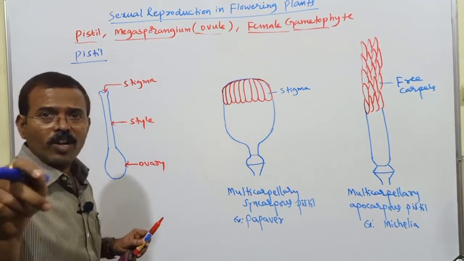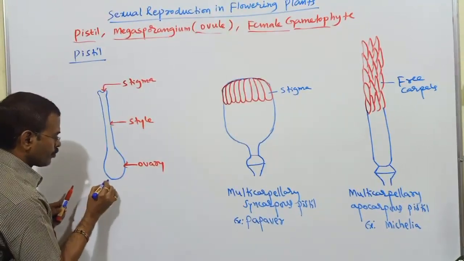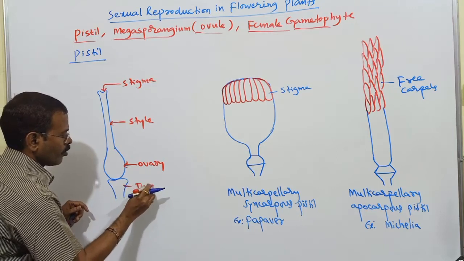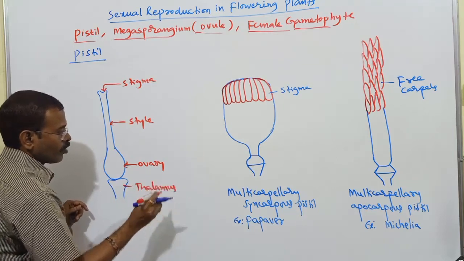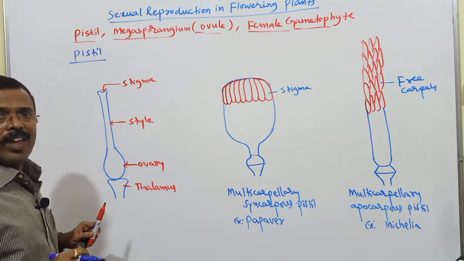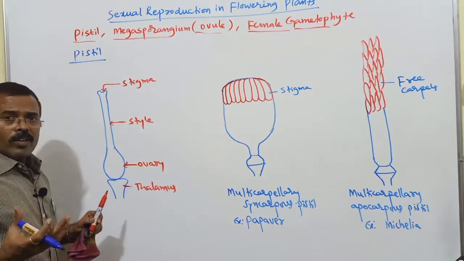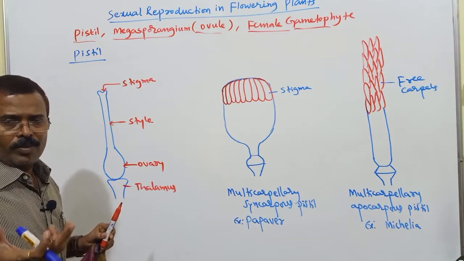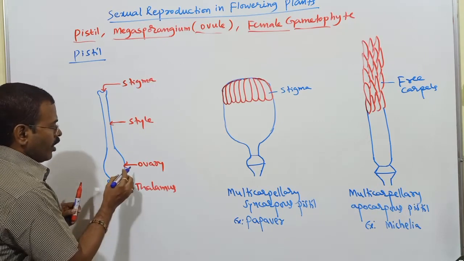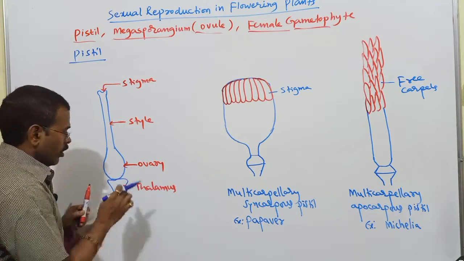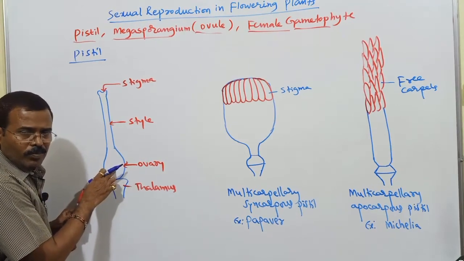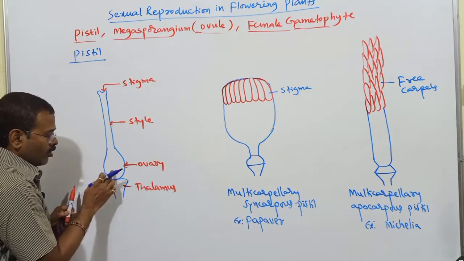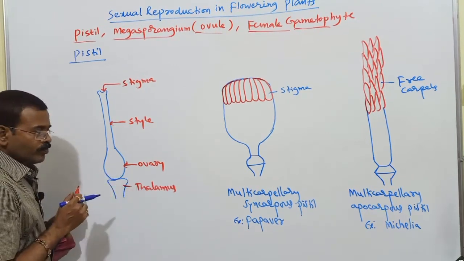Ovary is situated on the thalamus. So the basal swollen part of the pistil, that we call the ovary. This is the lowermost part of the pistil or carpel, which is swollen.